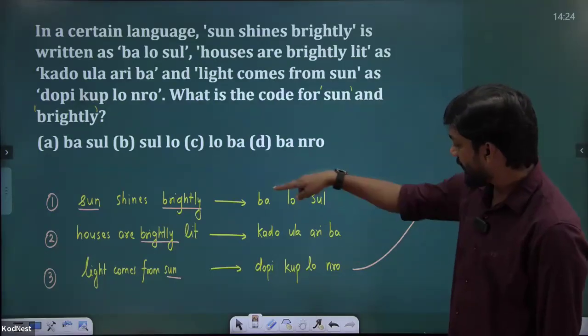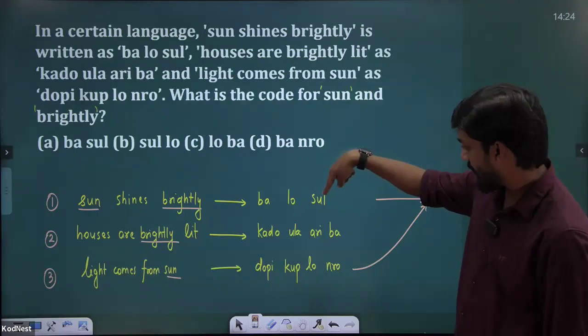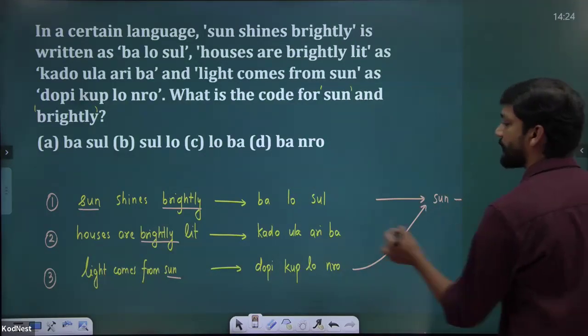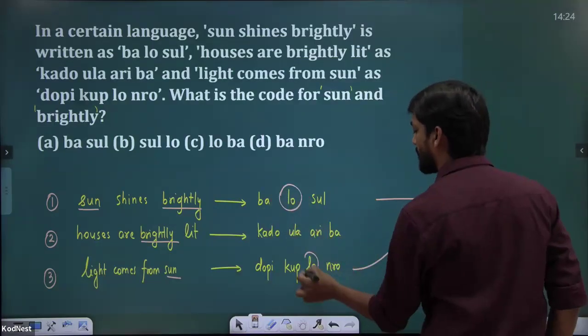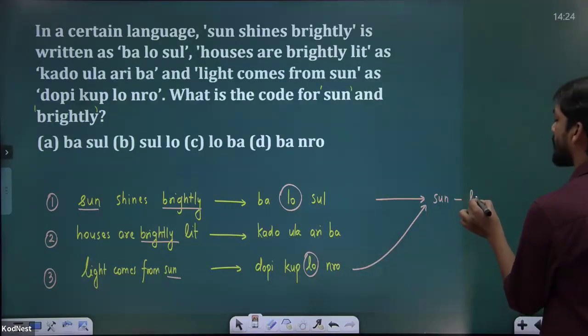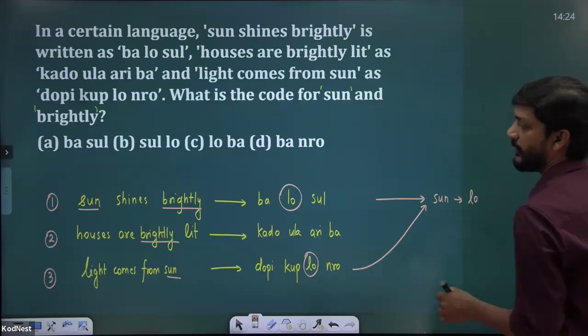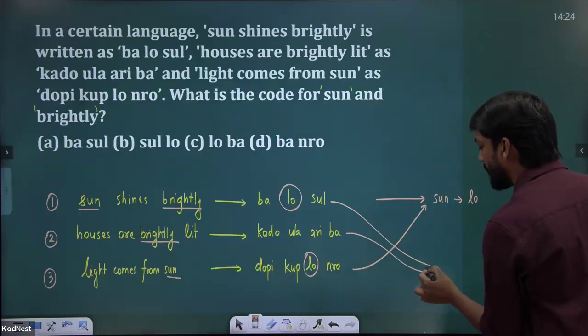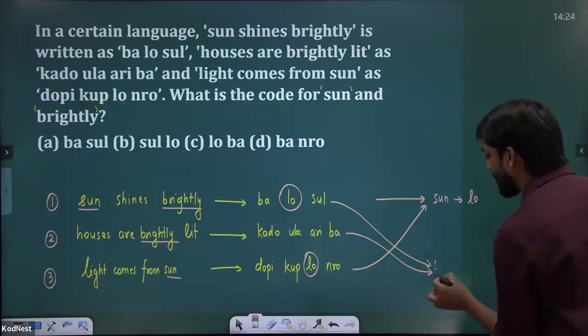I can say between this and this, the sun word is common on the left side. And on the right side, we have LO, so low is common. So I can say the translation of sun should be low. Similarly, the brightly word is common between first and second.